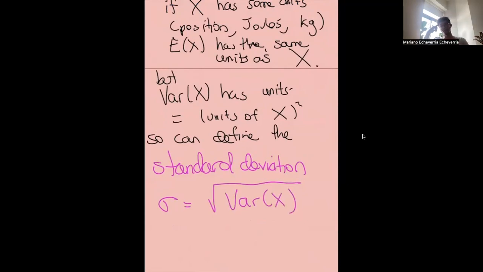And that does have the property that it will have the same units as X.